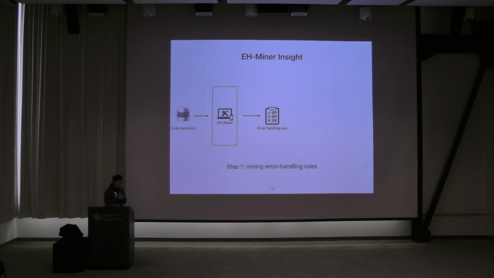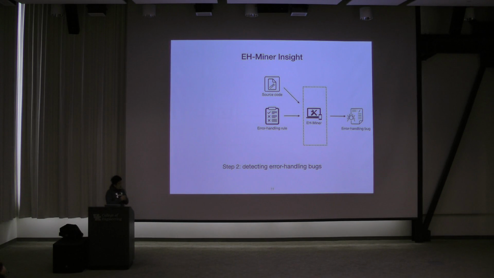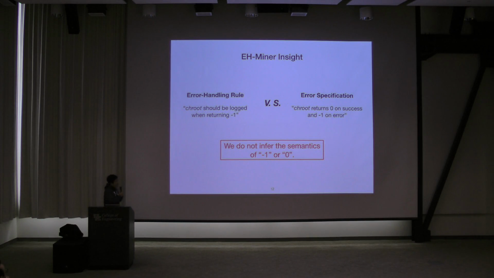Inspired by these examples, we developed EH-Miner. The insight is very simple. First, we mine error handling rules from code repositories. And the second step is detecting error handling bugs by using these rules. The difference between an error handling rule and an error specification might be confusing.